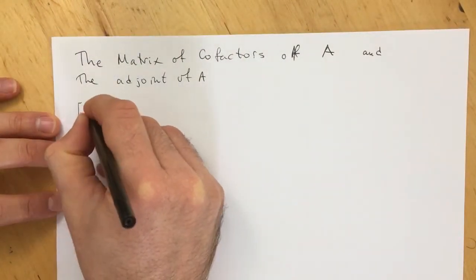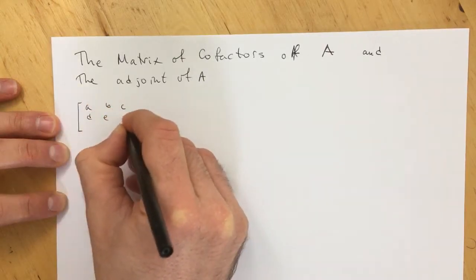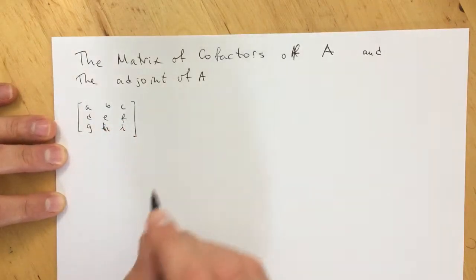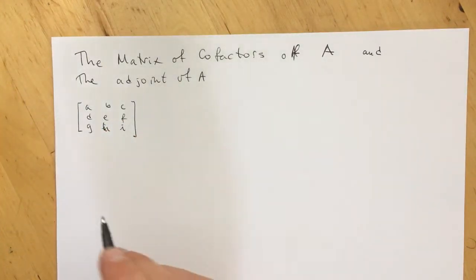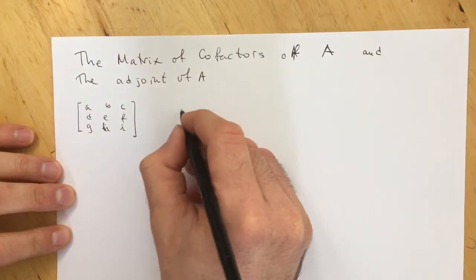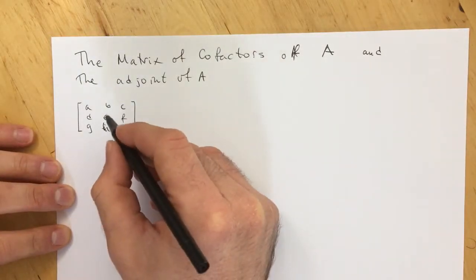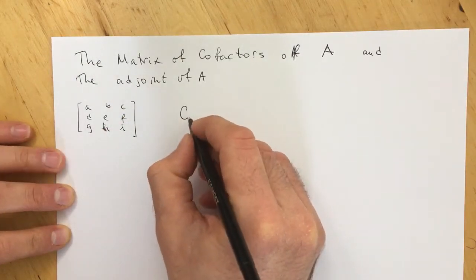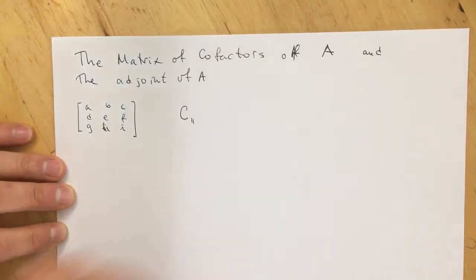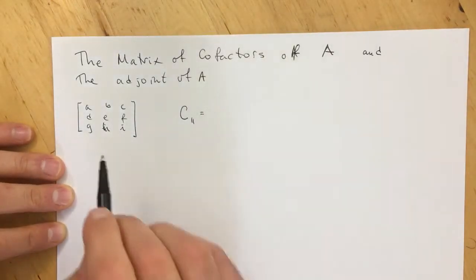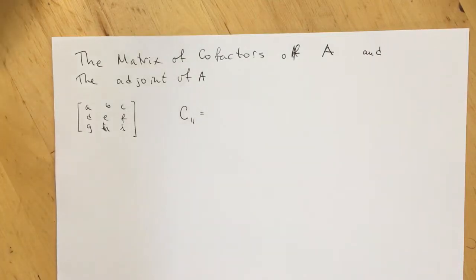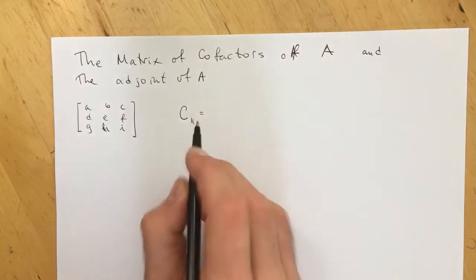If you have a matrix A, B, C, D, E, F, G, H, I, and I want to find the cofactor of a particular entry here, let's say the cofactor C1,1. What does that mean? That means that I have to evaluate the determinant of the submatrix obtained by erasing the first column and the first row.